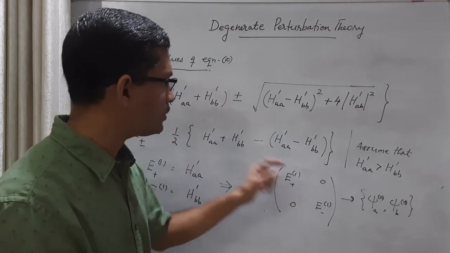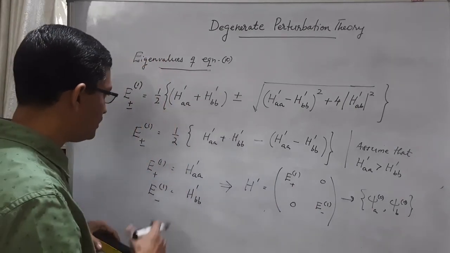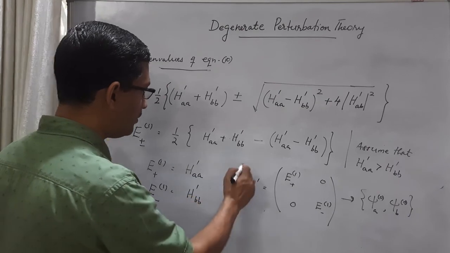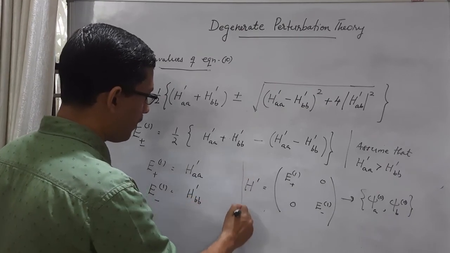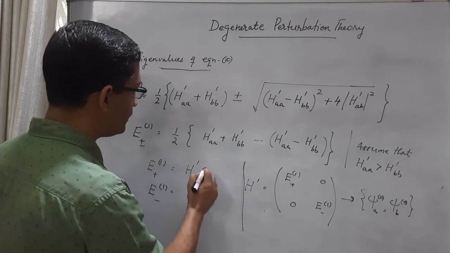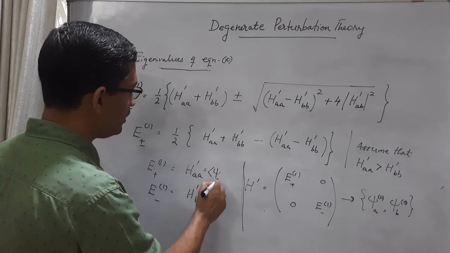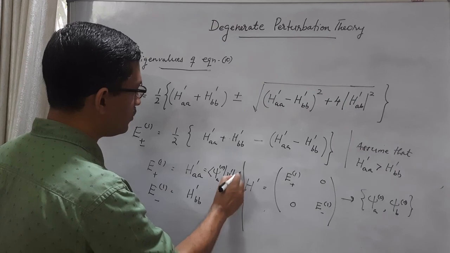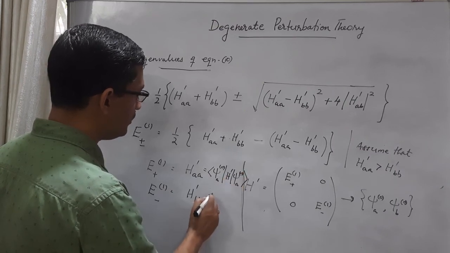What is the value of this first order correction energy? Look at this. E plus 1 is H prime AA. What is this H prime AA? If we expand, this is psi A0 H prime psi A0. And what is H prime BB?